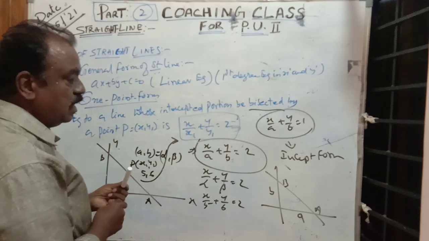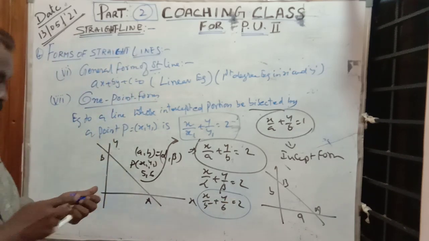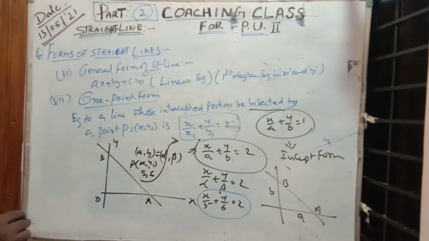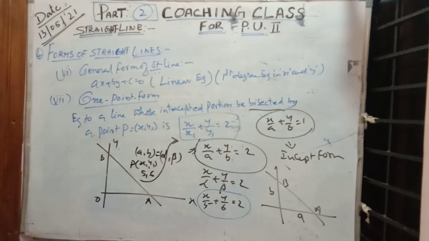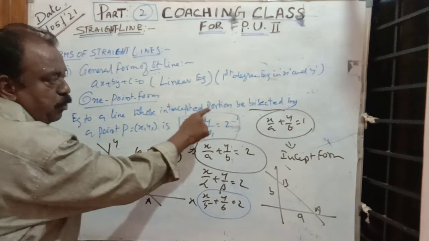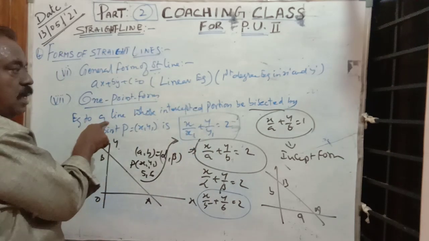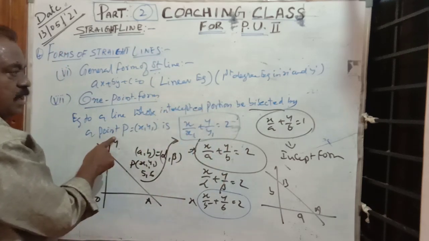So, these are the equations of any line whose intercepted portion by the coordinate axes is bisected by a given point. Here we have to understand that the intercepted portion of the line by the axes is bisected by the point.